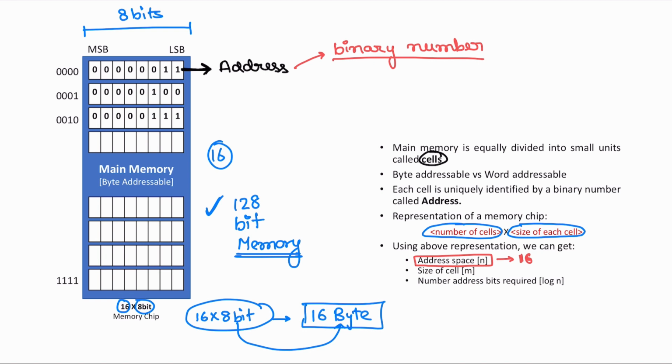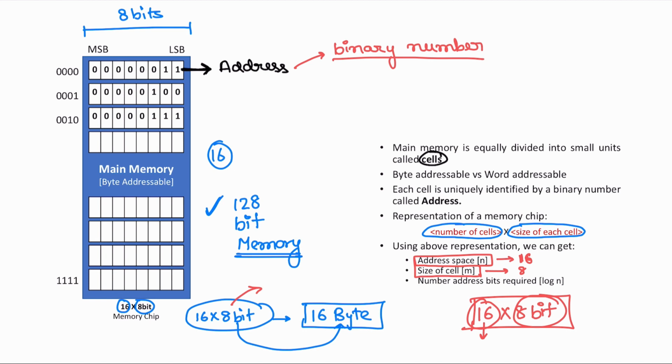The second thing that we will deduce is the size of each cell. If we are told that we have a 16 cross 8 bit memory chip, then we can say that the address space in that memory chip is 16 and the size of each cell is 8 bits.